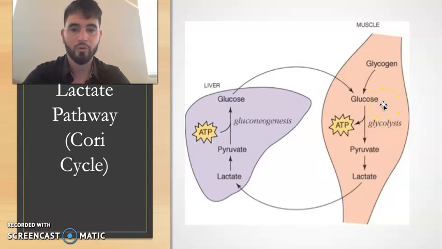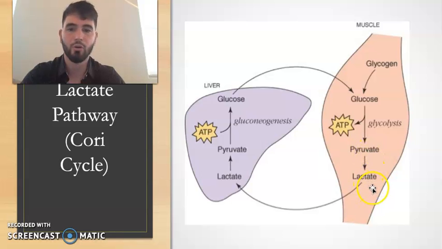It is very important to remember that lactate only happens because there is no oxygen present. If oxygen were present, this pyruvate would turn into acetyl-CoA and go into the Krebs cycle and turn into ATP and all those good things.